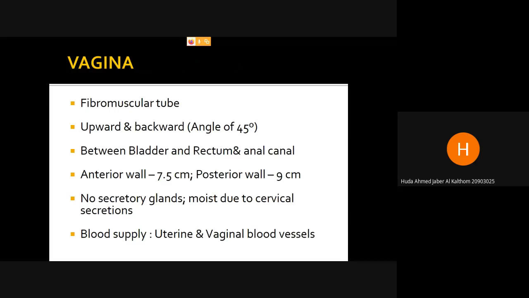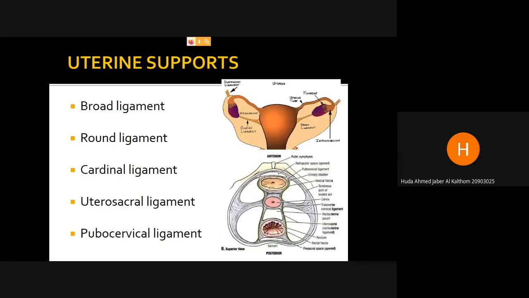Can you repeat the last point about the cervical ligament? The pubocervical ligament: you can see here it is coming from the pubic symphysis and it attaches towards the cervix. It turns around the cervix and holds the cervix in its position.